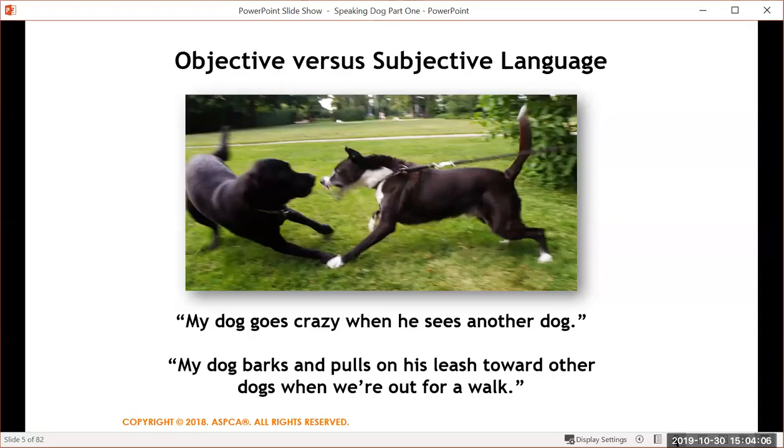That gives you a picture, a description of what the dog actually does in what situation. So it's describing the specific behaviors and the actions, as opposed to subjective language where it says, my dog goes crazy when he sees another dog. Subjective language tends to involve personal feelings, opinions, as well as interpretations. Sometimes those interpretations can be correct, sometimes not so much. So it's important in the beginning to focus on the objective picture. Next slide, please.